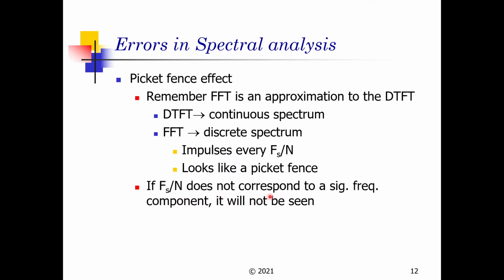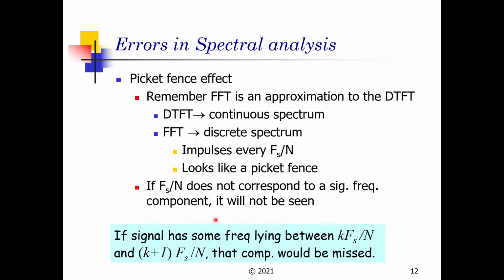Technically, if you have a frequency component in between two successive frequency bins, k and k plus 1, and nothing is sampled in between those two, you're going to miss that frequency component altogether from your original signal. That's why frequency resolution is important, to make sure you don't miss critical frequency components from the original signal you're dealing with.